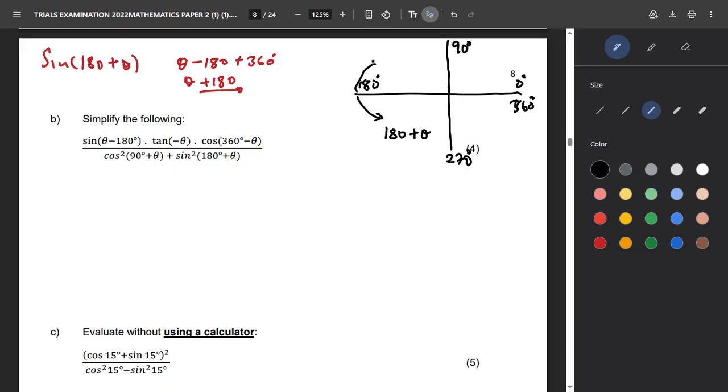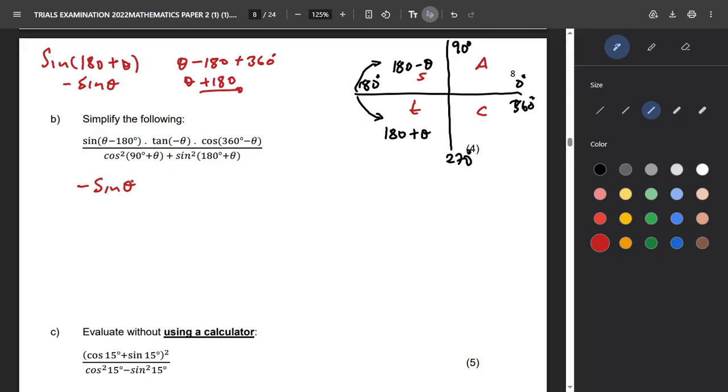When I go that side, I'm subtracting. How do I move from 180 to 90? I subtract theta. So 180 plus theta is quadrant 3. And how is sine in quadrant 3? Sine is negative. All Students Take Coffee. So this will be reduced to negative the sine of theta. I'm just going to write it down here, negative the sine of theta.